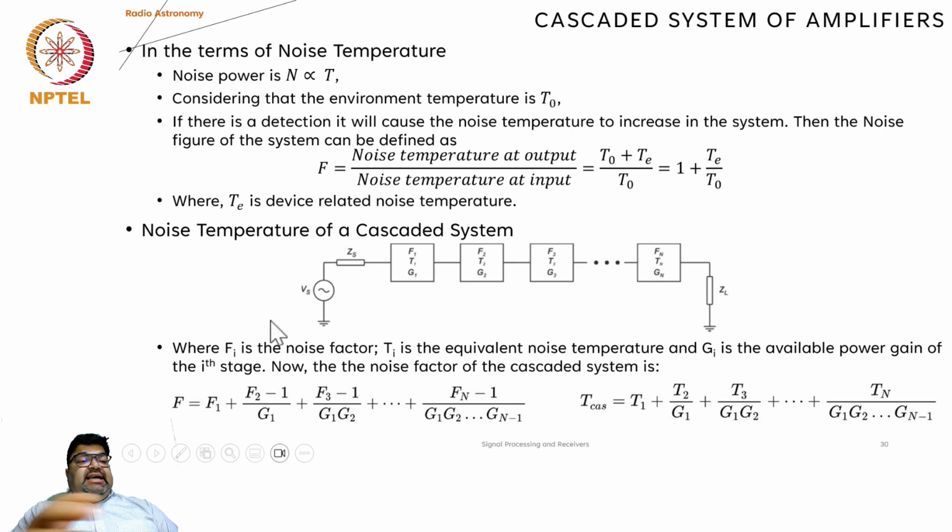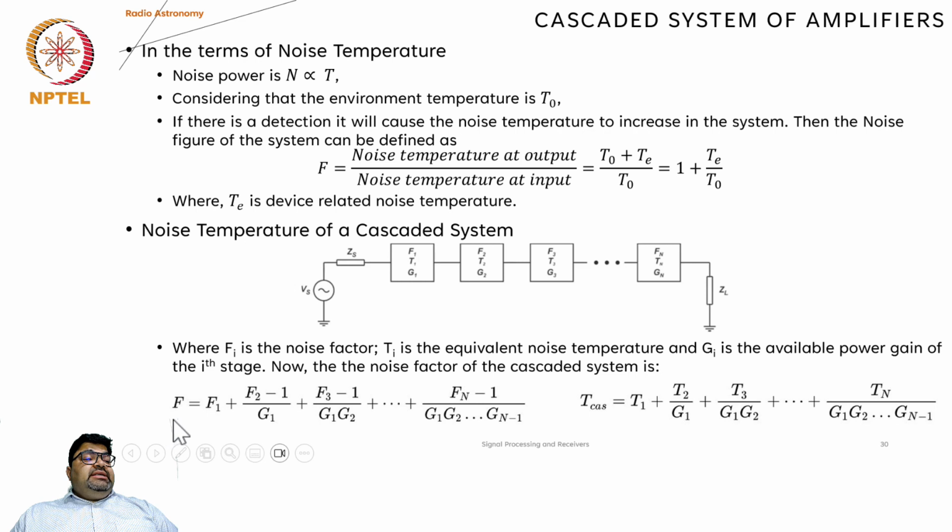As I said, a cascade of amplifiers is sometimes required to provide a higher gain. So for a cascade system, the noise figure varies like this. It is not just a simple sum, but following this, you can understand the total noise figure of this system, where you have cascaded components 1, 2, 3, etc. up to n, which have a noise figure of F1, T1, G1, F2, T2, G2, etc. So Fi, Ti, and Gi are the three parameters of each individual cascaded sub-component.